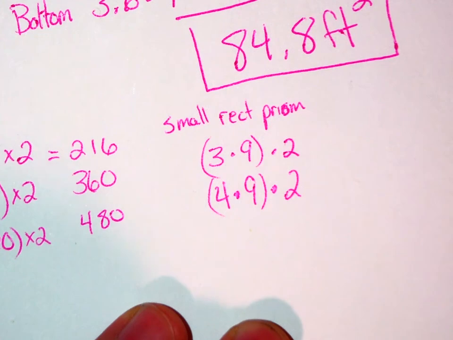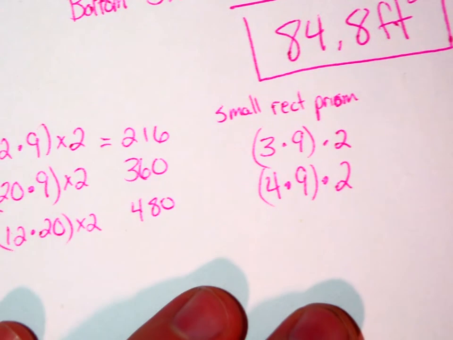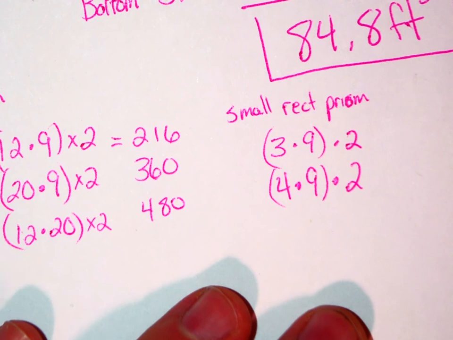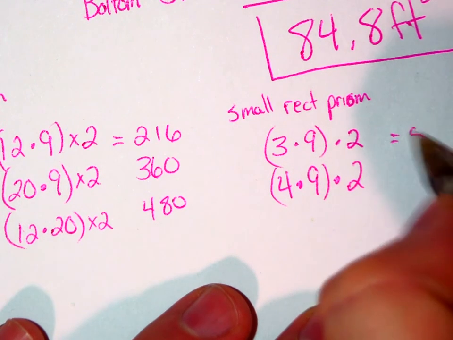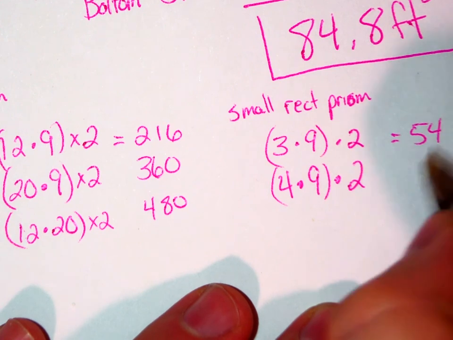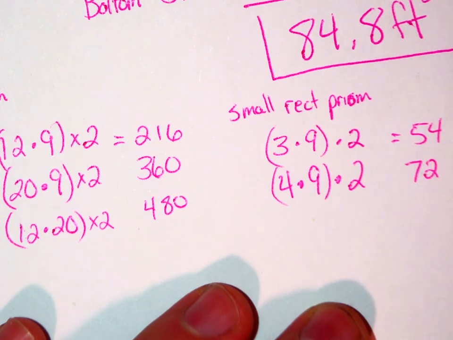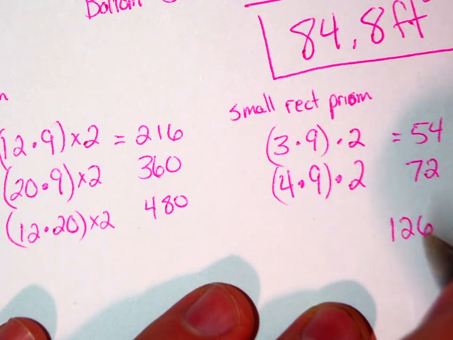And it would have a back side that's also that same dimension, so we can multiply it by 2. So 3 times 9 times 2 equals 54. 4 times 9 times 2 equals 72. Add the two together and we get 126.